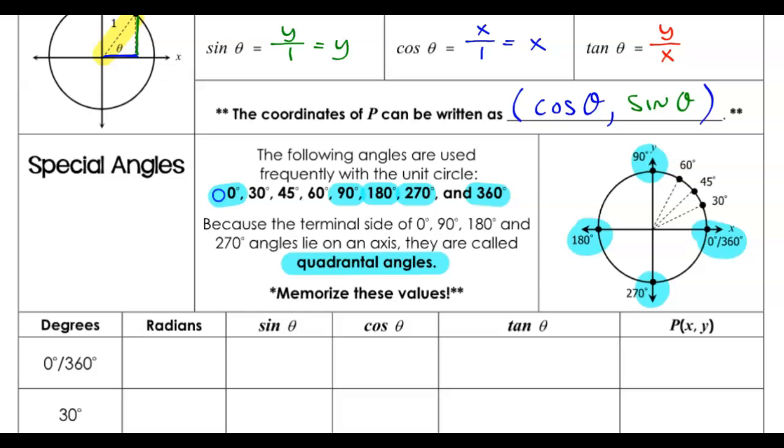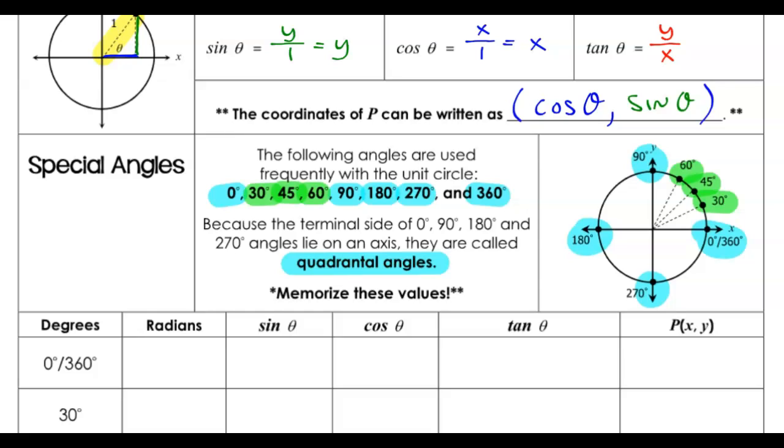The ones that we're going to look at specifically are 30, 45, and 60. These are going to be the angles that are in each quadrant. We're going to start with the ones in quadrant 1, and then we're going to rotate around.